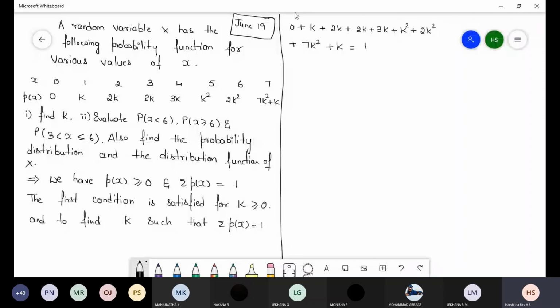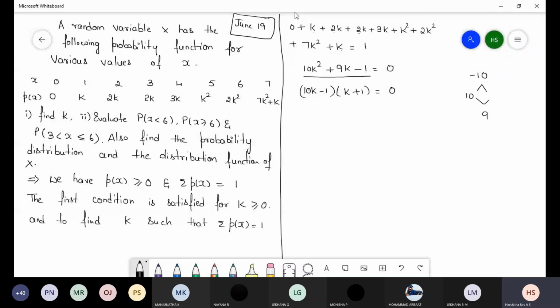Now I write the factors here: 10k minus 1 and k plus 1. These are the factors. This is minus 10, here 9. When you multiply, you should get minus 10.